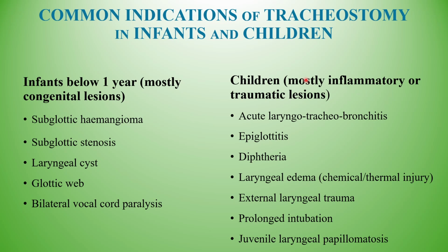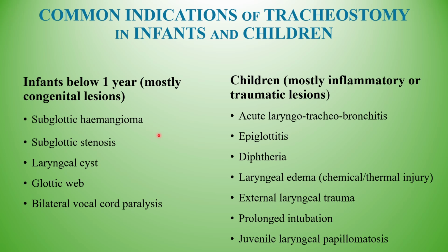Then common indications of tracheostomy in infants and children. In infants, most common are the subglottic hemangioma, subglottic stenosis, laryngeal cyst, glottic web, bilateral vocal cord paralysis, and you can identify these conditions by performing flexible laryngoscopy, because indirect laryngoscopy will not be possible in small children or infants.